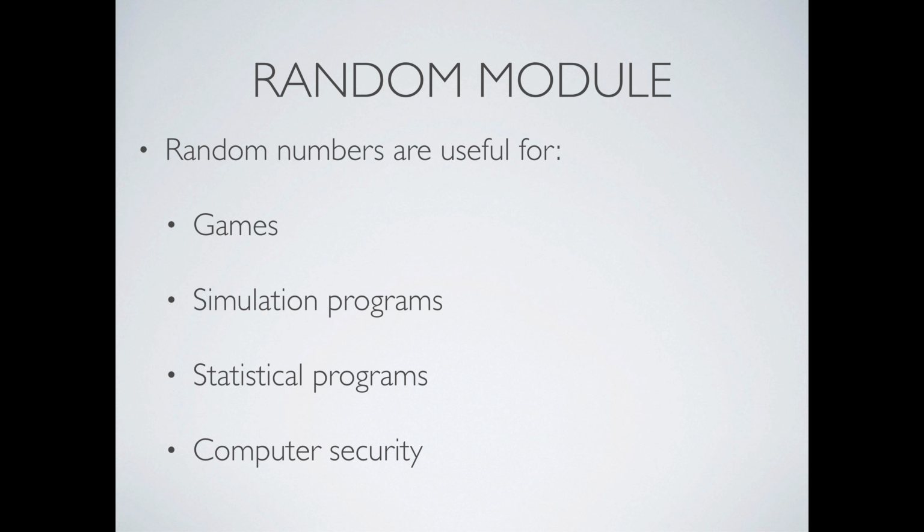Simulation programs, so programs that simulate real world scenarios that maybe have a little bit of randomness in them. The random module can be used for simulation programs, statistical programs as well. Computer security, we will talk a little bit more in detail about cryptography and computer security later. But again, random numbers, super useful for a lot of different applications of computer science.